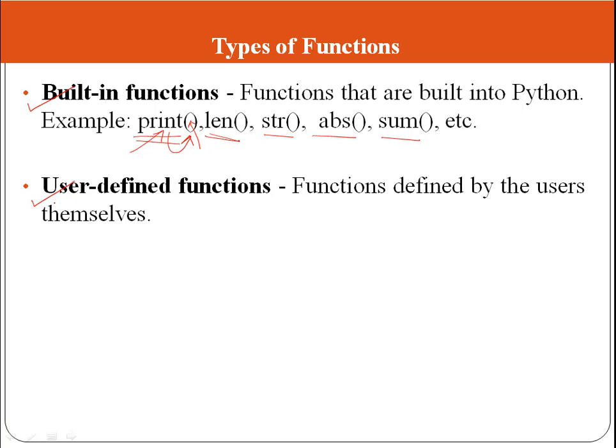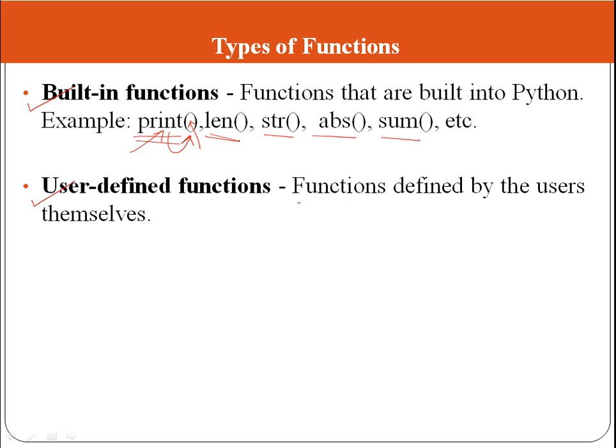There can be some specific task, specific program, specific project you want to develop, and corresponding to that you need your own functions to be defined. They can be of particular use for your project, right? It means they are defined by the users, they are not built-in functions of Python. So the functions defined by the user themselves are the user-defined functions.